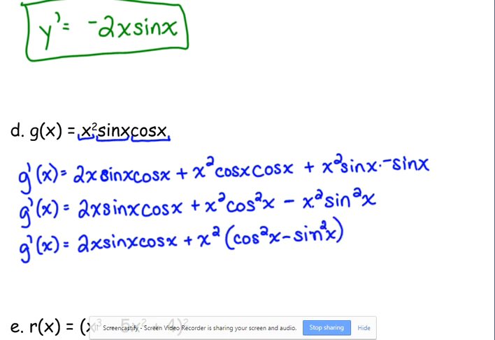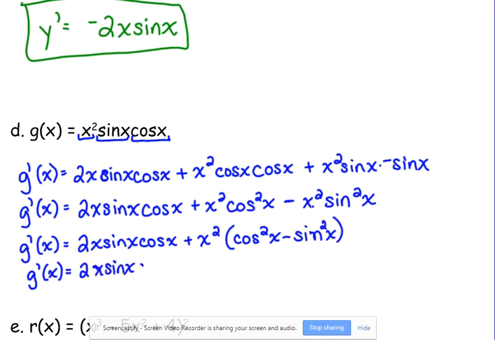And I do believe that cosine squared of x minus sine squared of x is, again, this may be one that you didn't learn, but it's a double angle. Okay, it's a double angle.